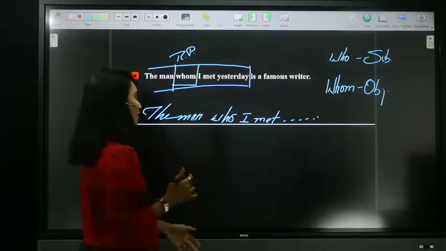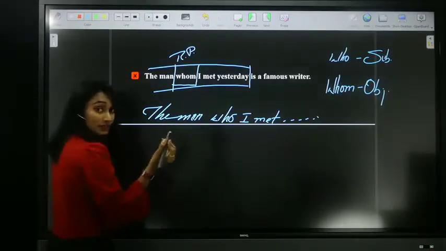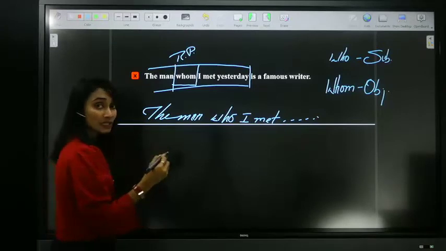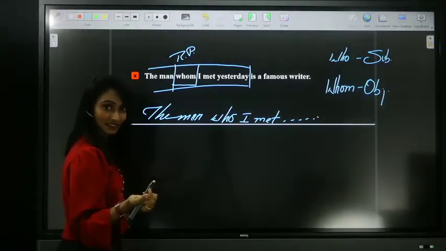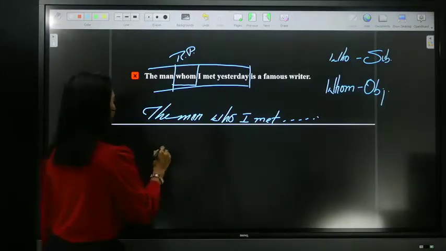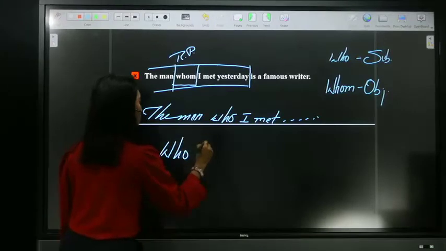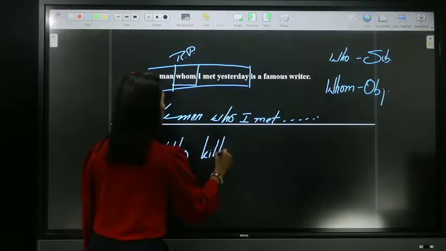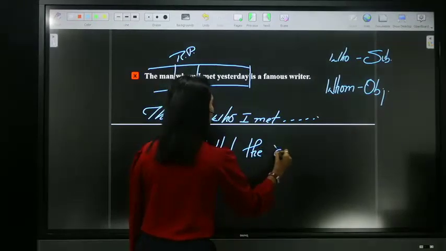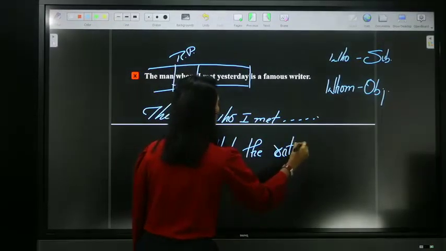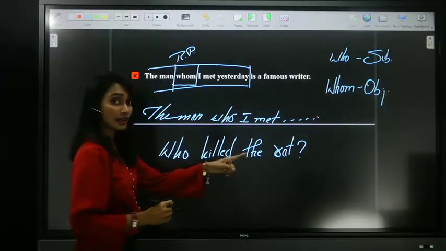So remember, if you want to use an objective case, like we discussed some examples: whom did the cat threaten? That is correct. And like, who killed the rat? Here I am asking who killed the rat?